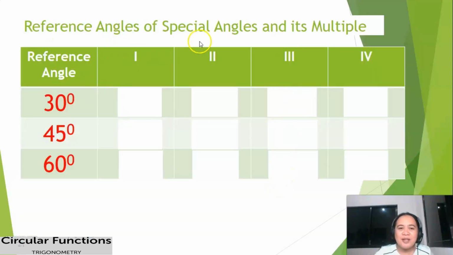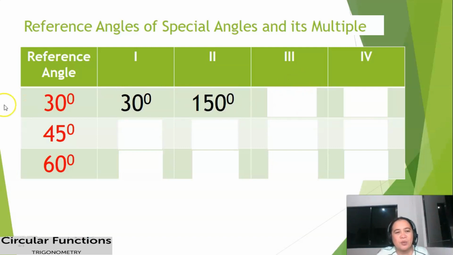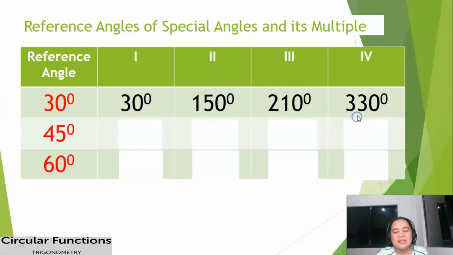Okay, so reference angles of special angles and their multiples. For 30 degrees, the same thing we did in the previous slide. This is 30, 180 minus 30 is 150, 180 plus 30 is 210, and 360 minus 30 is 330. So 30, 150, 210, and 330 degrees are all multiples of 30 degrees.